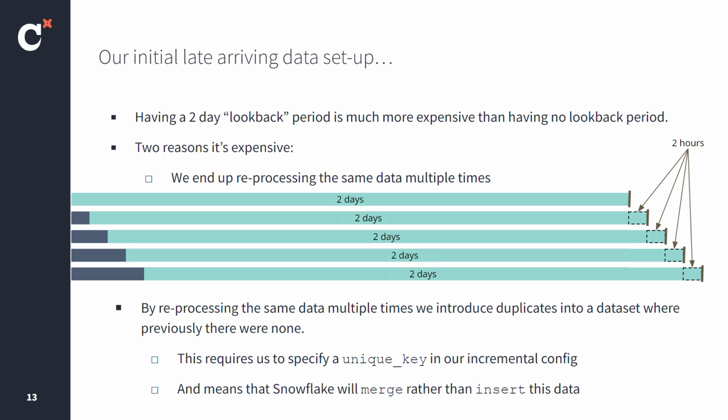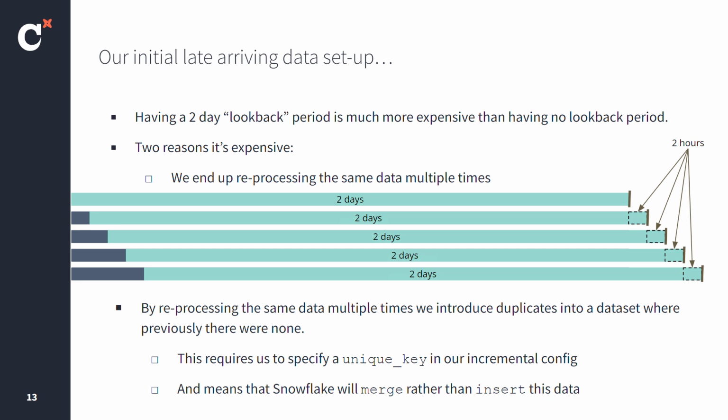On the first run, you're going to process everything in green here, which is lag 2 days worth of data, and you're going to stop because that's all the data you have at that point. And then on the next build, maybe 2 hours later, you have 2 hours more worth of data, and you're going to process that, but you're also going to look back and reprocess the last 2 days worth of data. You're not going to catch this part anymore. This is like a moving window where you're catching more and more new data and leaving more and more old data behind.